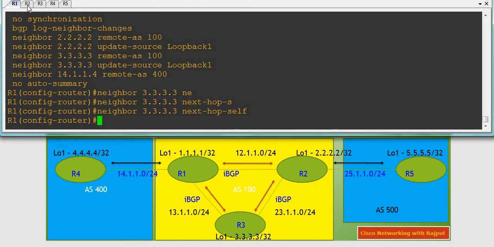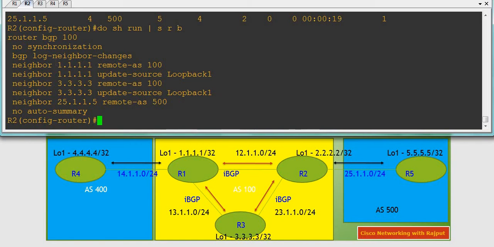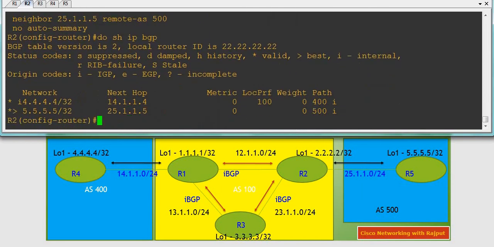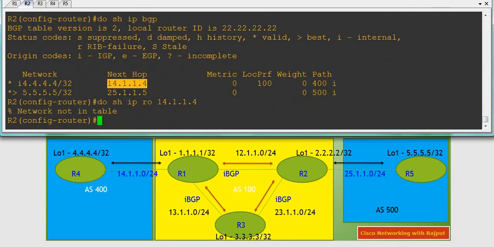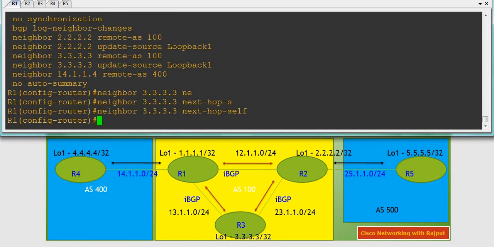Let us see how router 2 reacts to the update which it got from router 1. Router 2 is not installing 4.4.4.4/32 because it doesn't know how to reach the next hop. Show ip route. It doesn't know. Okay, let us configure for R2 as well.